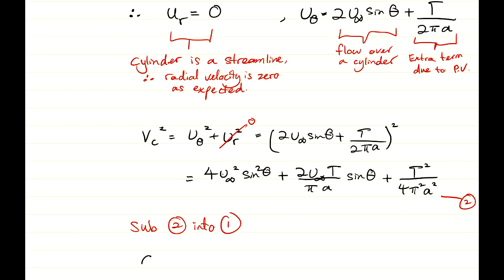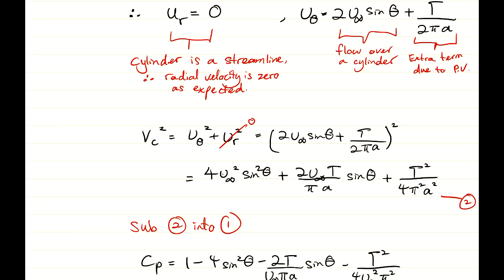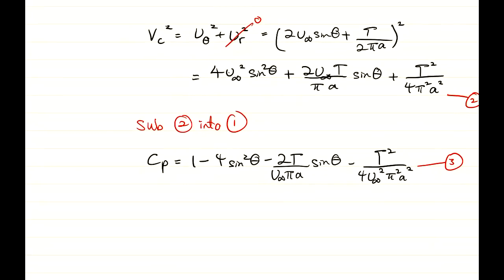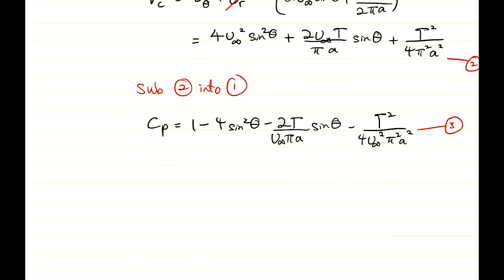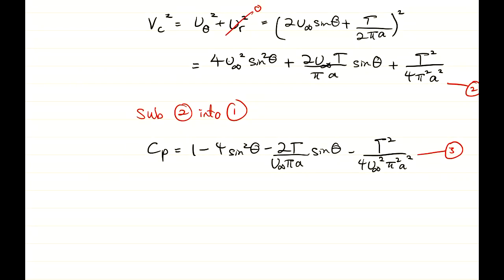So I'm going to get Cp equal to 1 minus 4 sine squared theta, minus 2 gamma sine theta divided by u infinity pi a, minus gamma squared divided by 4 u infinity squared pi squared a squared.